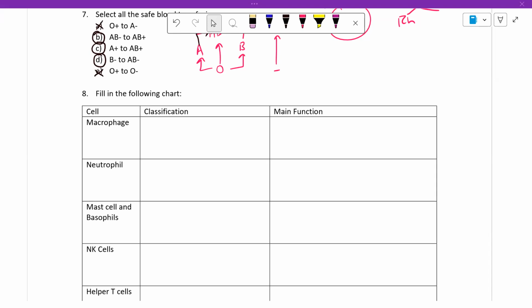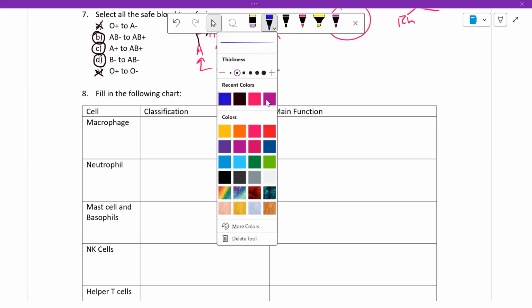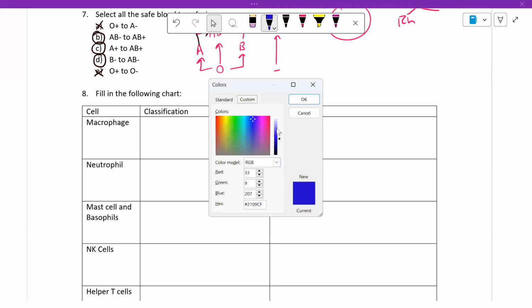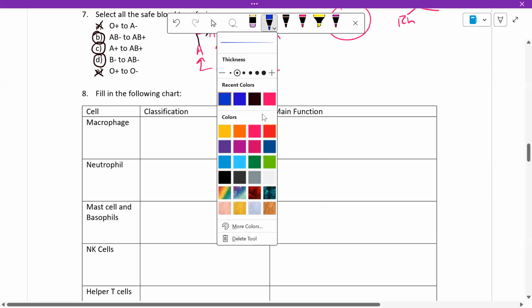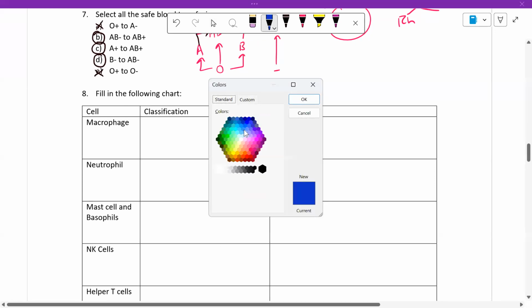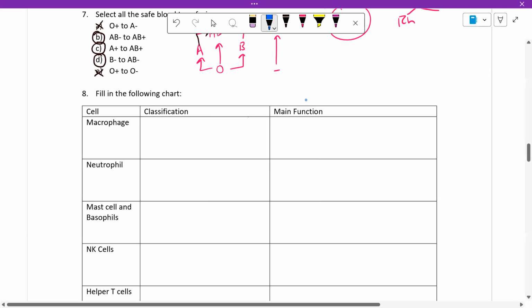So this is a table that has all the cells in it. I think it includes all the cells that we've learned. So let's just go through what kind of classification we can give them, as well as what kind of function they do. Okay, there we go.